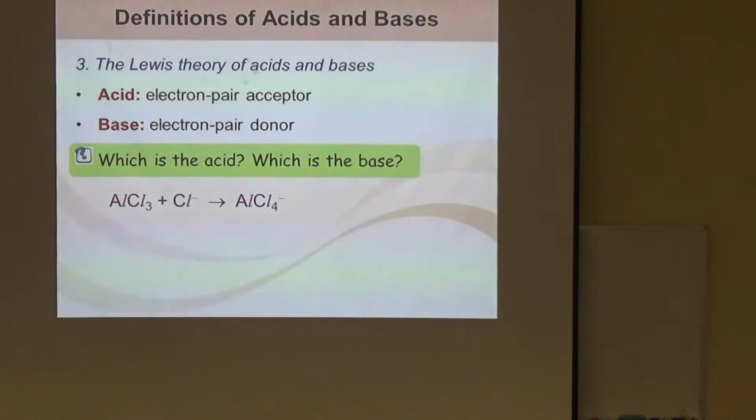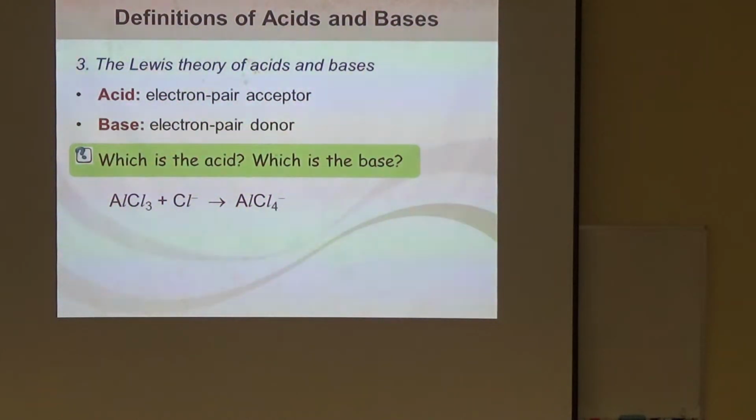Now, what about this? Which is the acid, which is the base? So, Lewis theory, think in terms of lone pair of electrons. For the base, does it have a lone pair of electrons to donate?